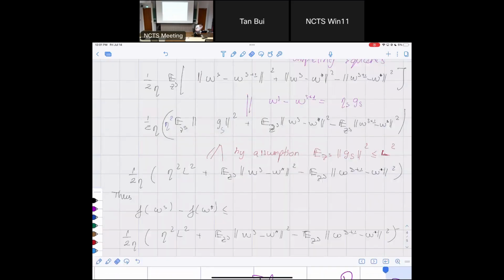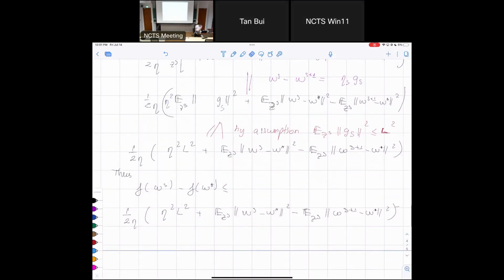Okay, now what I'm gonna do next? I'm gonna take the expectation of both sides. Remember that at this moment, W_S is already given from the previous step, right? Z_S is a new random variable, right?